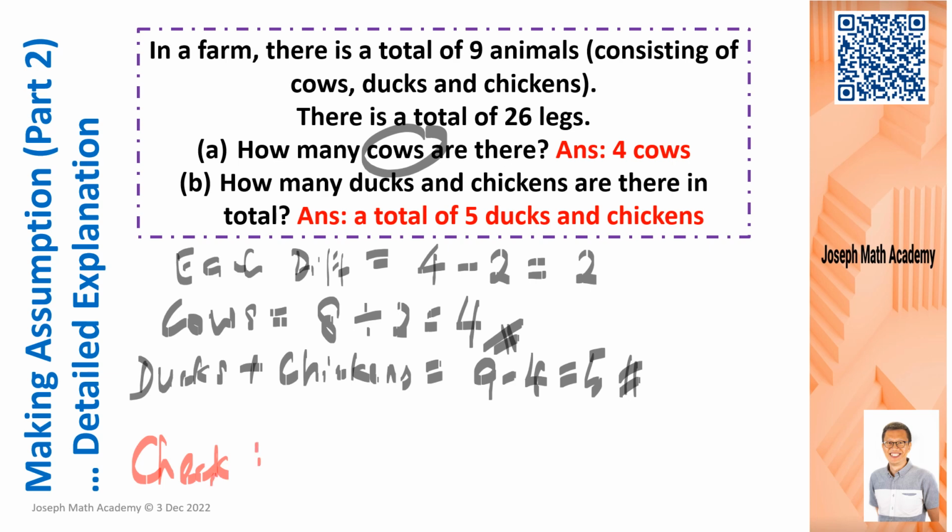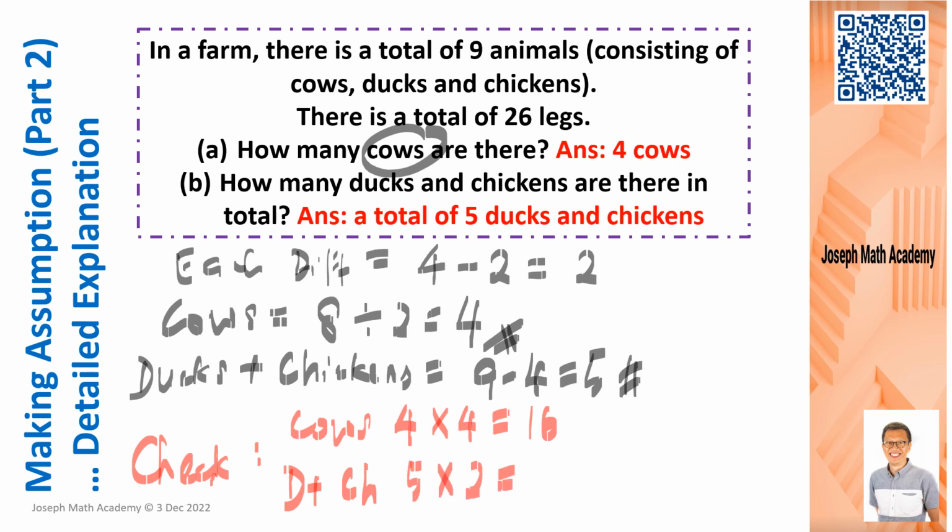There are 4 cows: 4 times 4-legged, 16. And the ducks and the chickens, there are 5 times 2-legged, which is 10. So in total, 26. It's proven true.